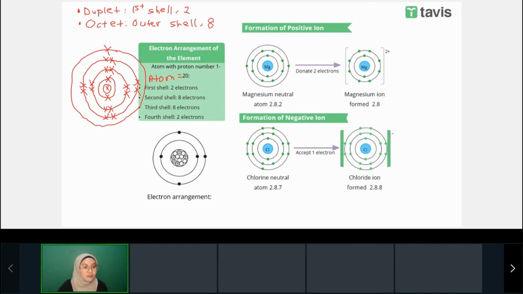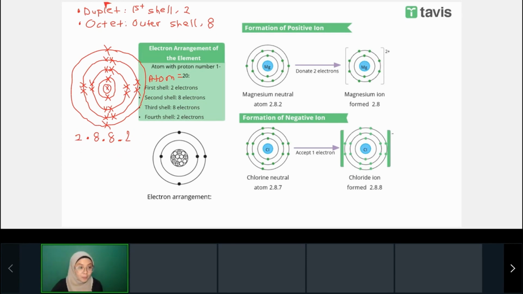Okay, 1, 2. Now we have a complete electron arrangement. The first shell is 2, then 8, 8, and the last shell is occupied with 2 electrons. So this 2.8.8.2 is called an electron arrangement.